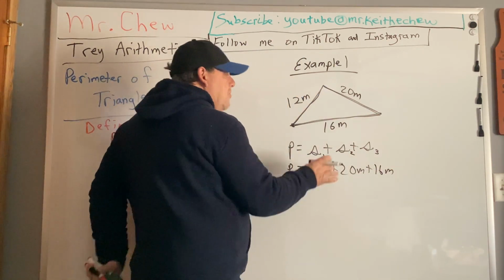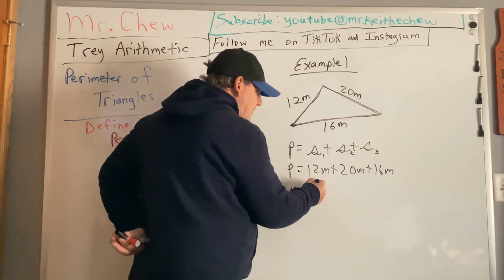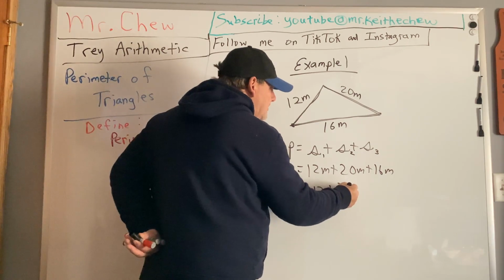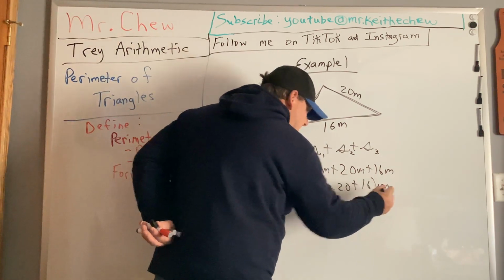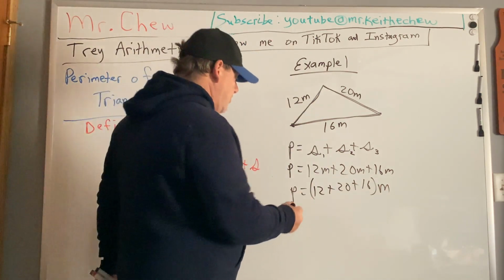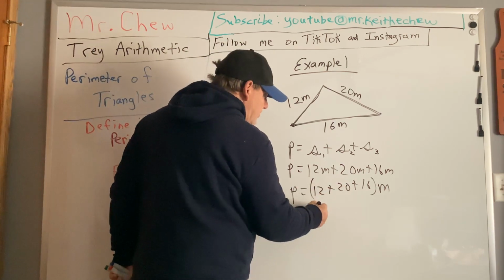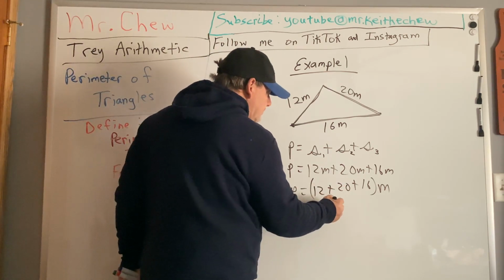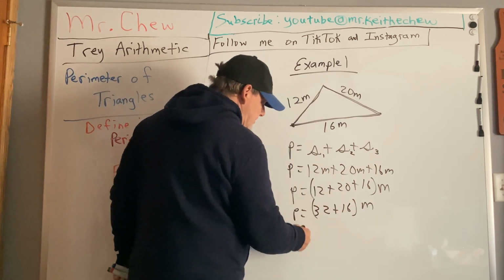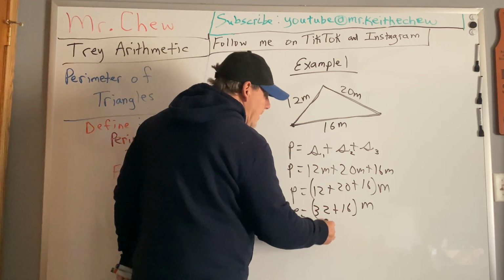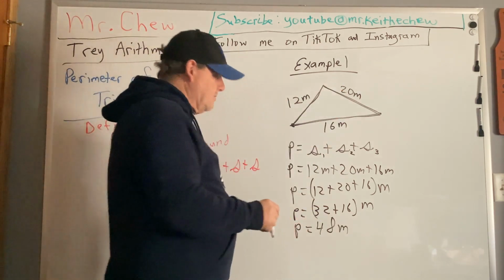So anytime that you're adding like units, I can take the numbers and add those up, and I know they're all going to be that same unit of measure. So 12 plus 20 is 32. Using the order of operations, that's 48 meters, which is the total distance around.